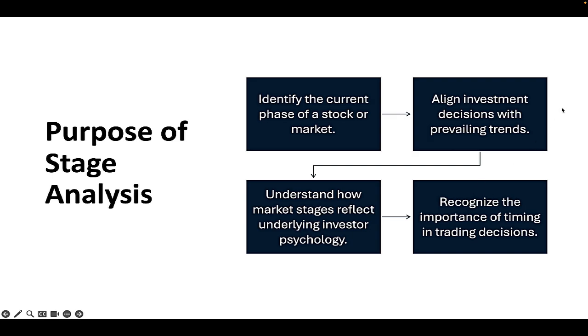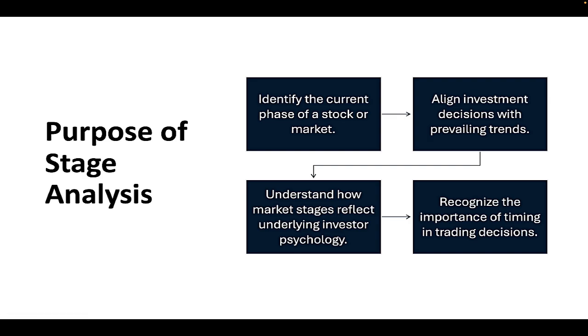So you will align your decisions with respect to the trends. Then, based on which stage the stock is in, you also want to understand the psychology of investors. Let's say the stock is in phase 2.